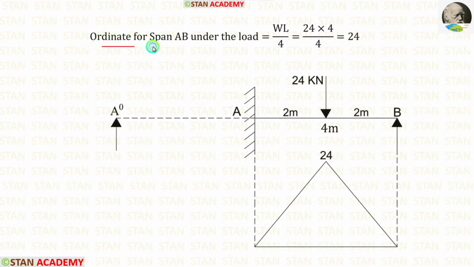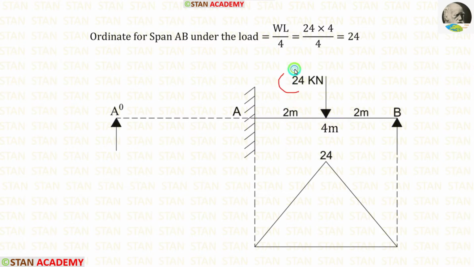Now, let us calculate the ordinate for AB. In the span AB, a point load 24 kN is acting on the center. If in the simply supported beam, point load is acting on the center, the formula to calculate the maximum bending moment is WL upon 4.